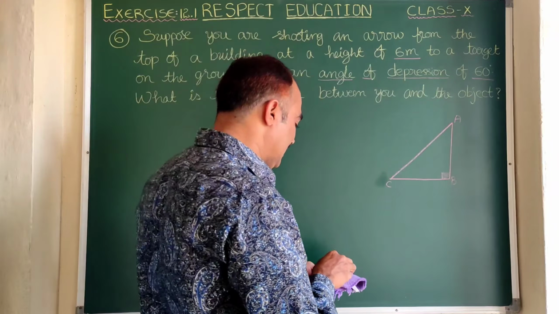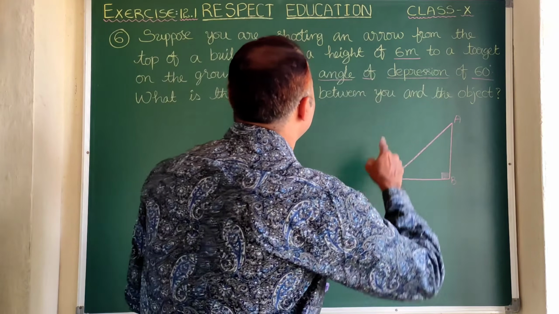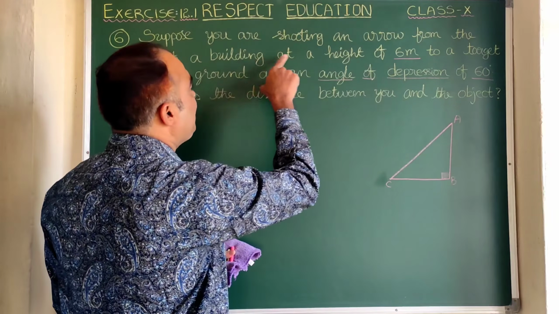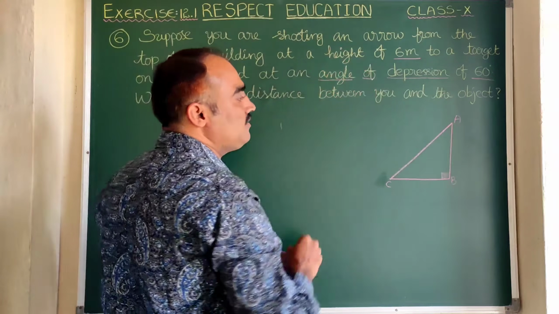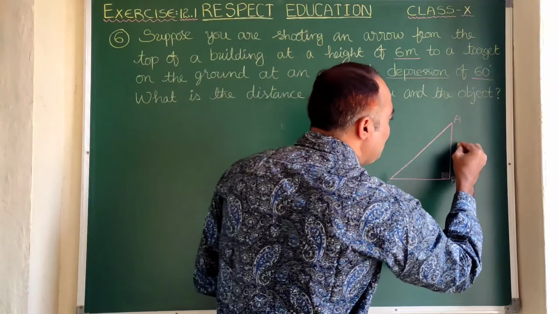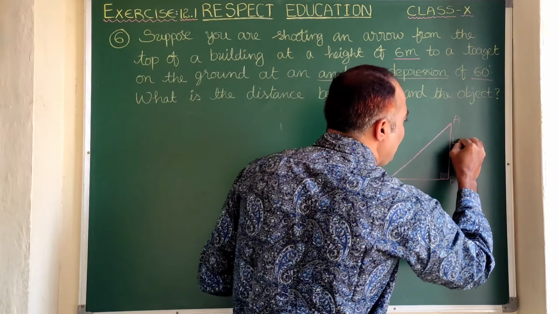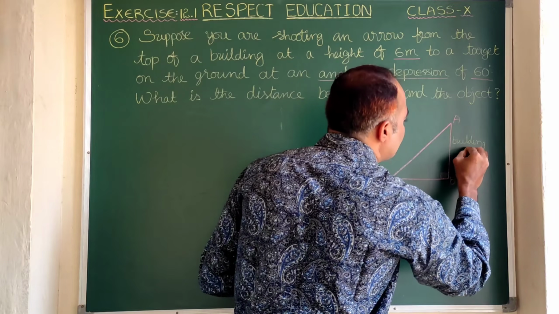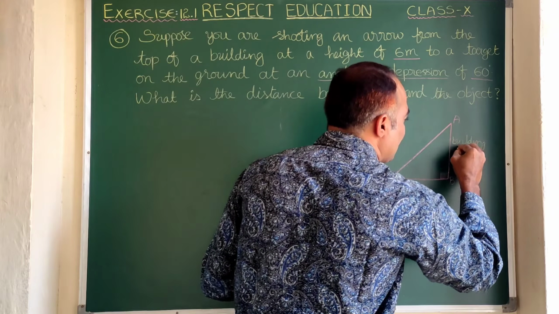Right? Now let us write the given values clearly. Here 6 meters is to be written at the height of the building. As you know, AB is the building, and its height is 6 meters. So here I am writing 6 meters.